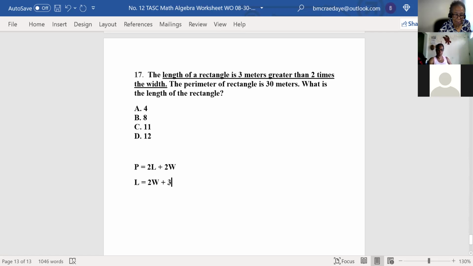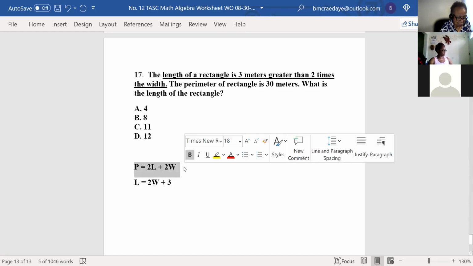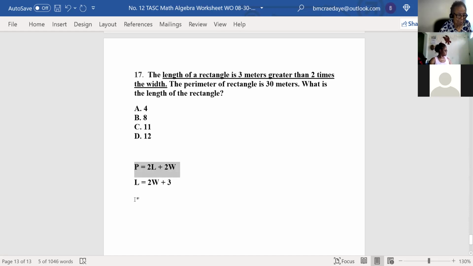All right. Now, let's substitute in this equation what length is. So for L, we're going to substitute 2W plus 3.